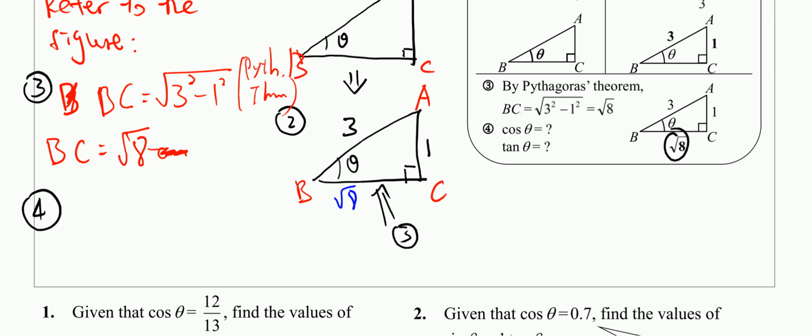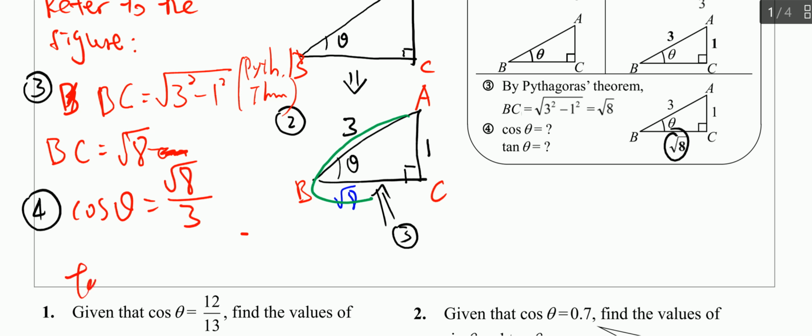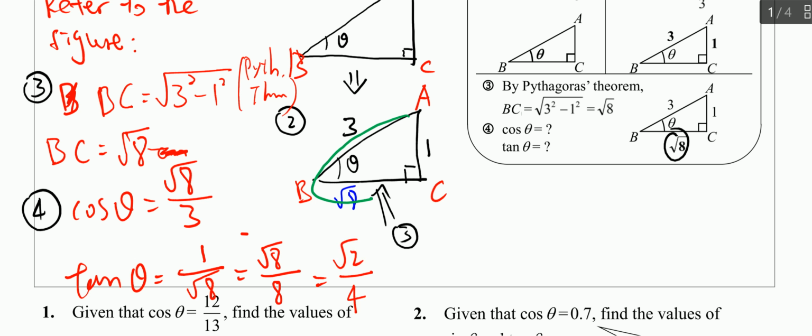So cosine theta equals square root of 8 over 3, and tangent theta equals 1 over square root of 8, and you can also rationalize that number. That should be square root of 8 over 8, and then square root of 2 over 4, so that should be the answer.